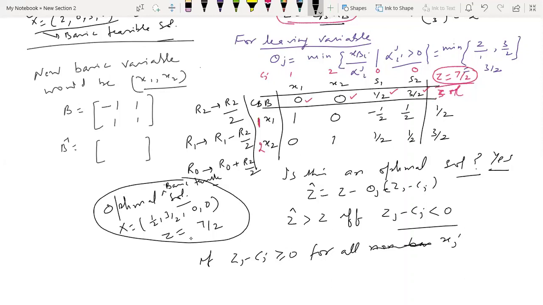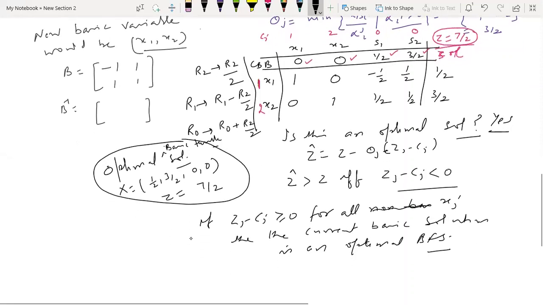So if Zj minus Cj is greater than or equal to 0 for all xj, then the current basic solution is an optimal basic feasible solution. Mind it, this is for the maximization case.